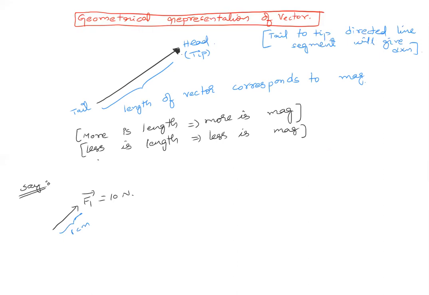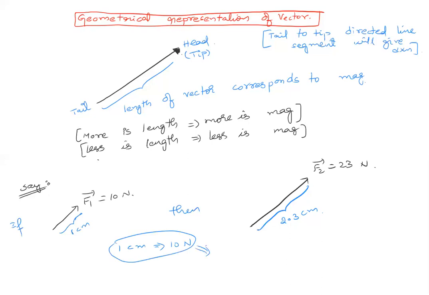If 1 centimeter is representing 10 Newton, then obviously if you have a vector of 23 Newton, you have to indicate it with a length of 2.3 centimeter. 2.3 times 1 centimeter is implying 23 Newton.